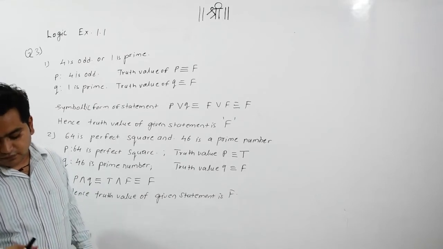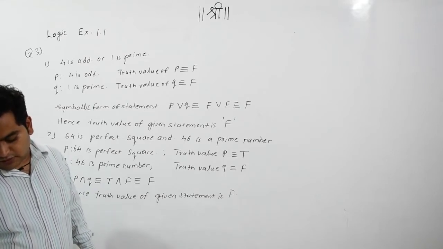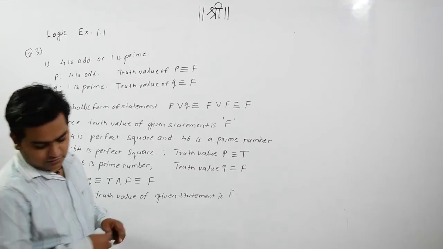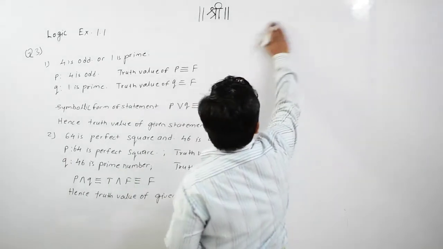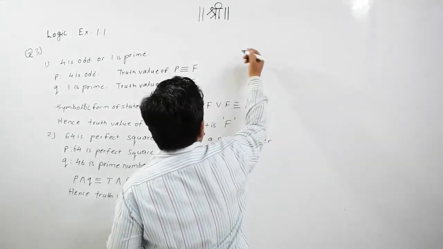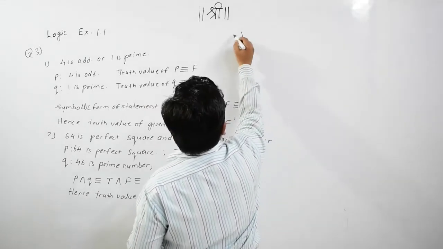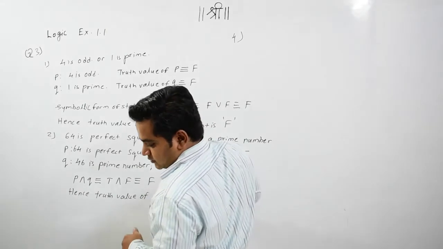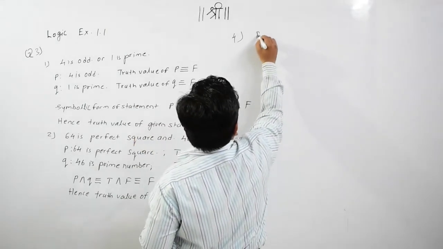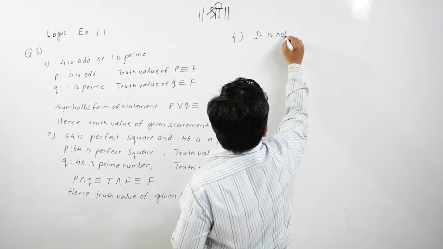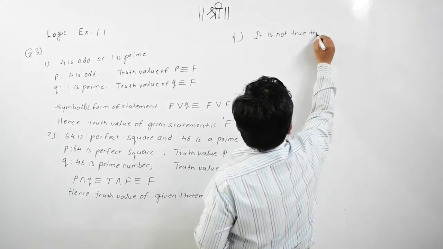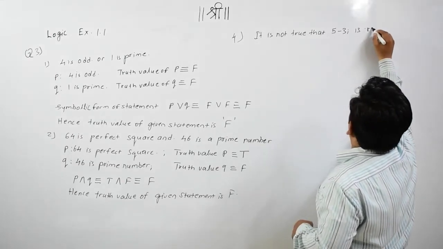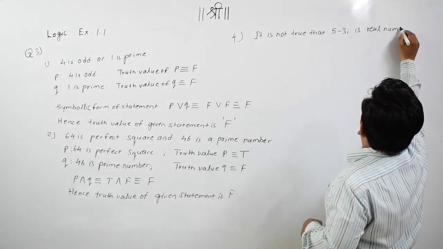Now let's move to question number 4 of question number 3. It says: it is not true that 5 minus 3i is a real number.